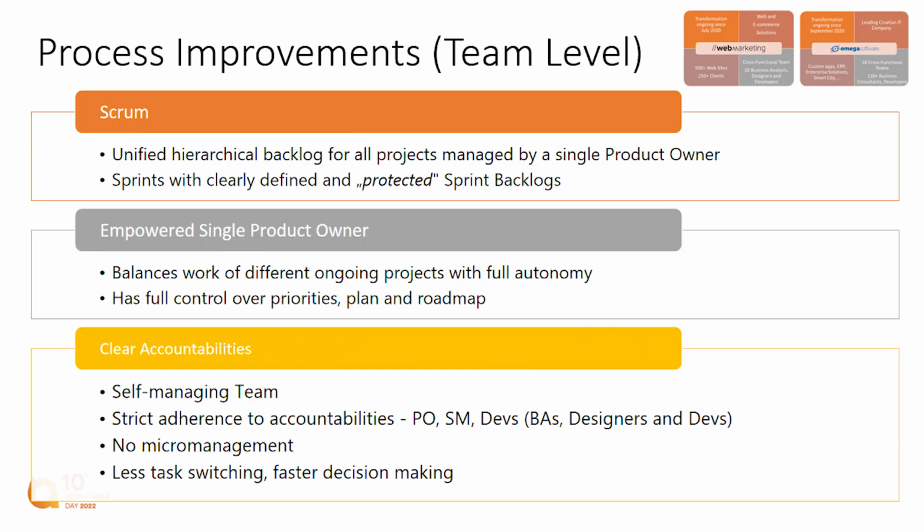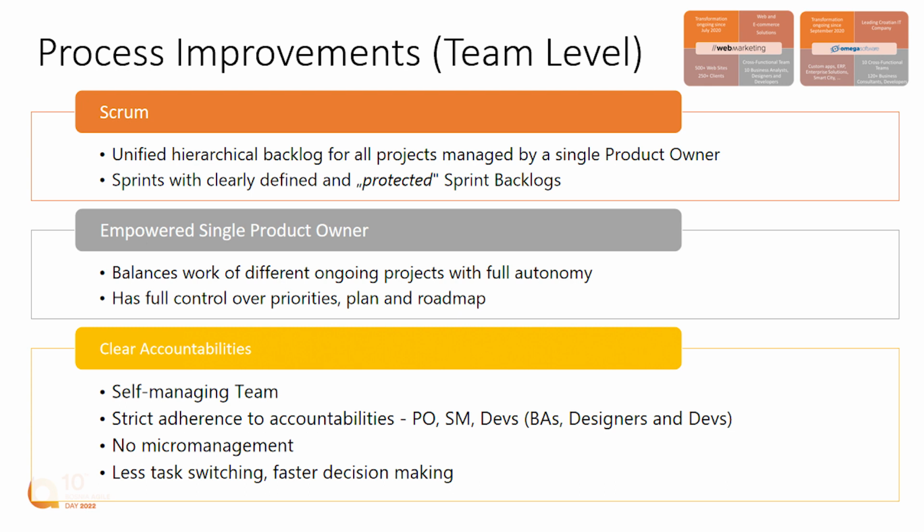Okay, so what did we achieve, in those two organizations? First of all, their backlogs, including all the projects that they work on for each team. Each team got one single unified backlog, controlled by one empowered product owner.